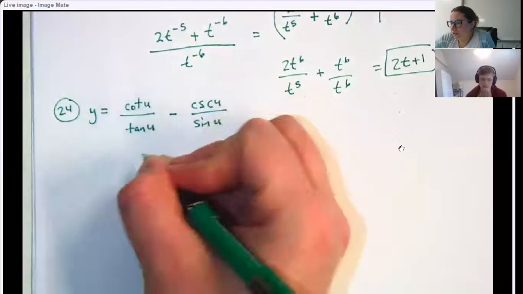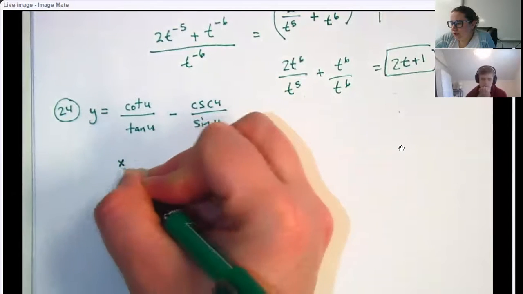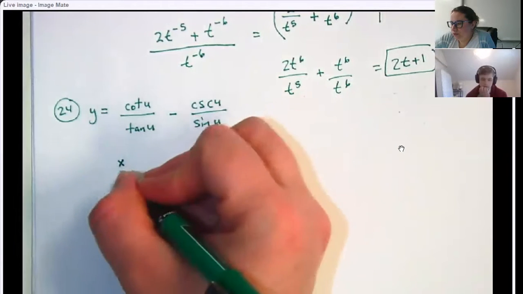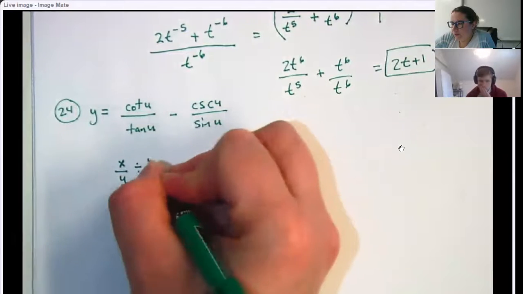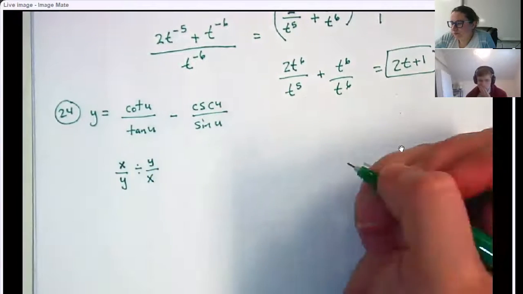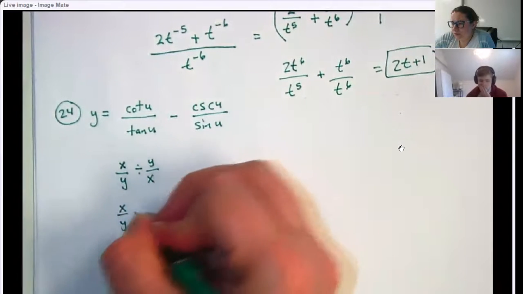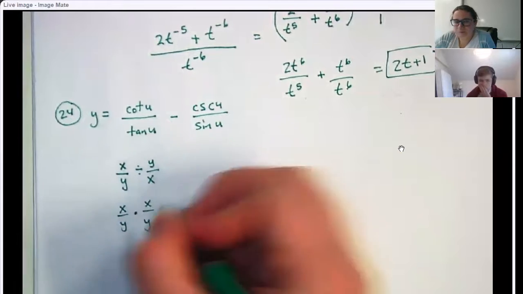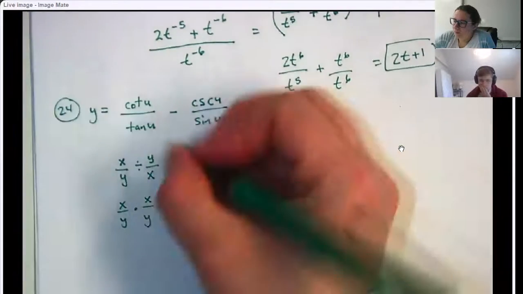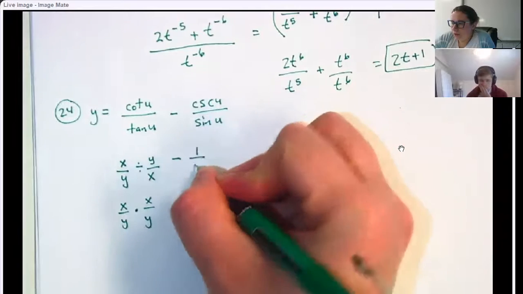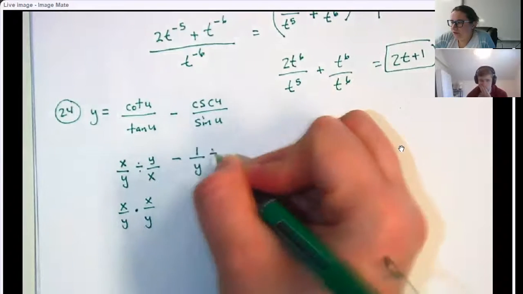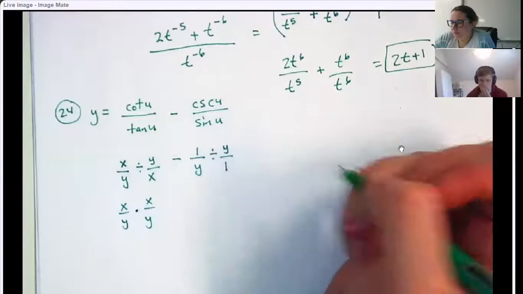Cotangent over tangent. Cotangent is x over y, right? Mm-hmm. And we're dividing by y over x, same thing as multiplying by x over y. Minus, this one is 1/y divided by y over 1.